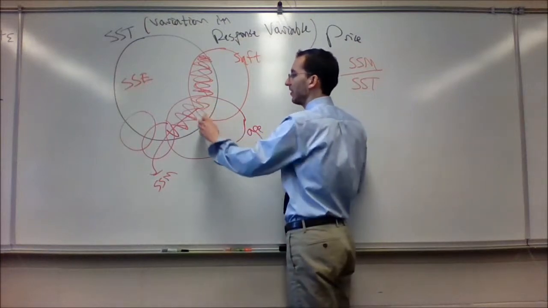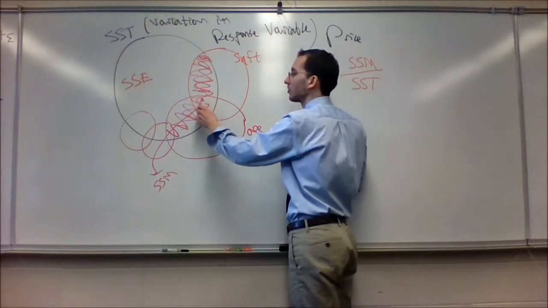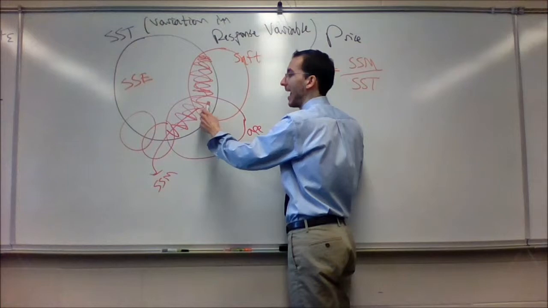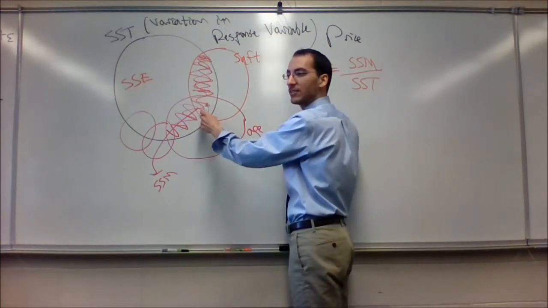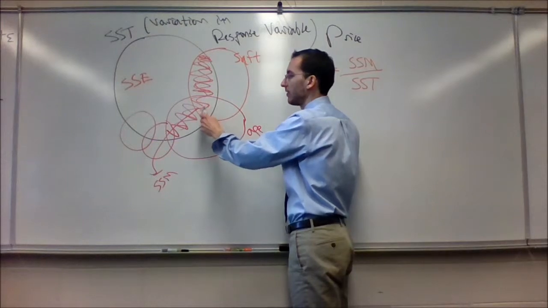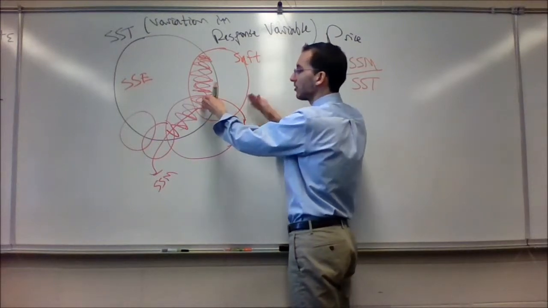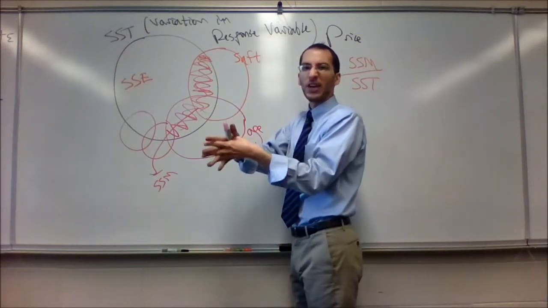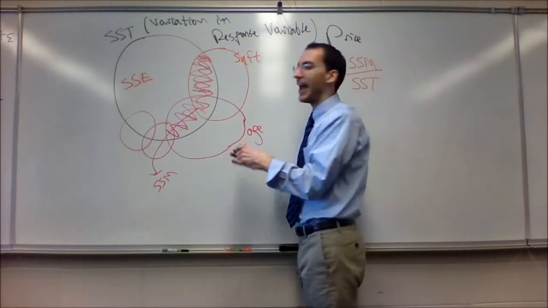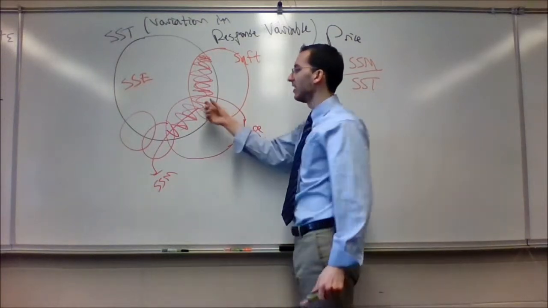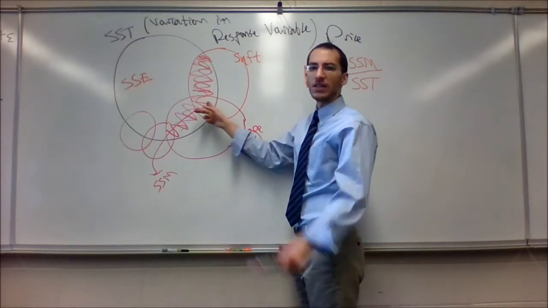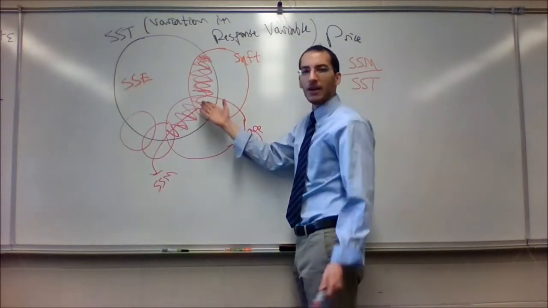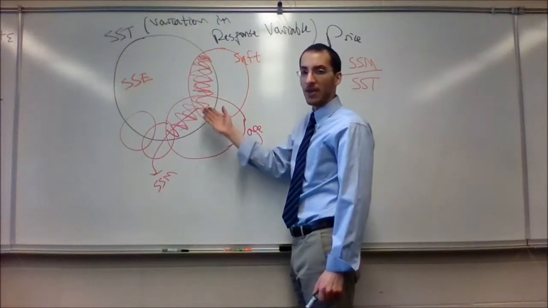And then this area here, where age and square feet overlap, and they overlap the big circle of price, is what age and square feet both explain together and explain the same thing. They explain this variation redundantly, because they're overlapping on it. So they're both explaining the same thing.